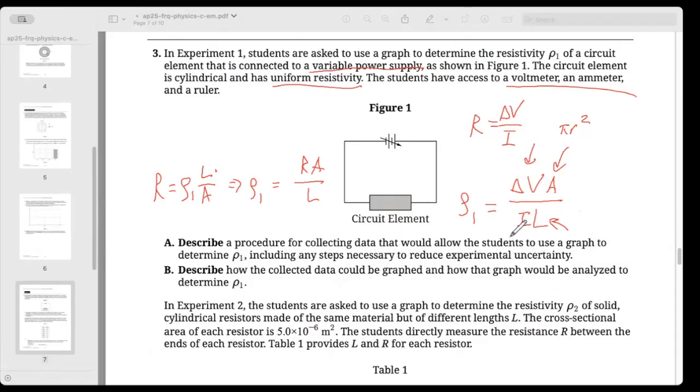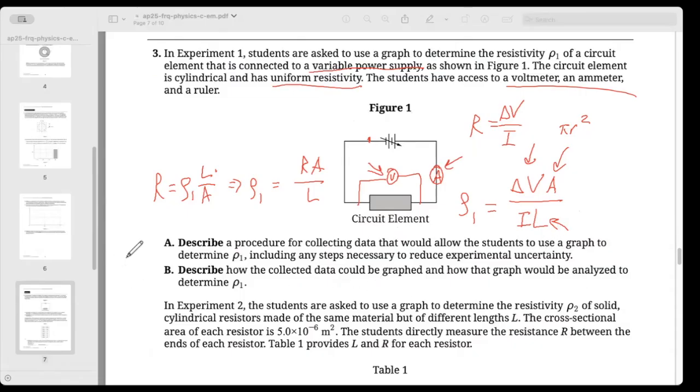Vary the voltages. Measure the voltage across your resistor. You put a voltmeter right here. Measure the current across your resistor. Put an ammeter right there in series with the resistor. Vary the voltages in multiple trials, right? Boom, you're done. So you can measure current here, voltage, and then length and area using your ruler. That's it. Okay. How should you create a graph then?